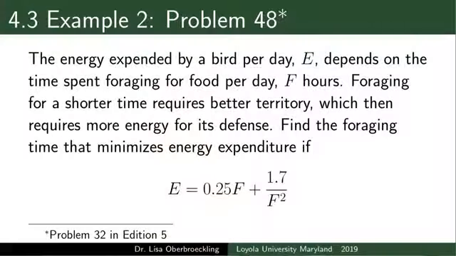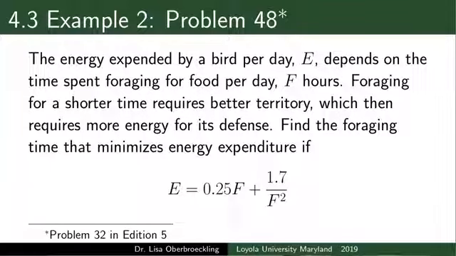In this example, we have some meaning behind the function. F is the amount of time spent foraging for food of a particular bird, and E is the amount of energy that they actually expend doing that.